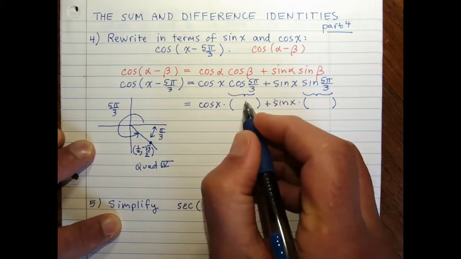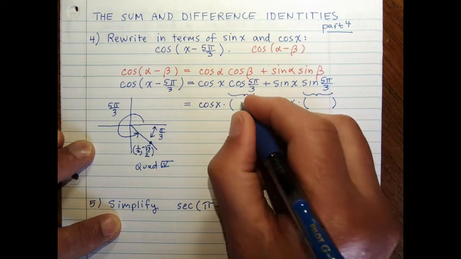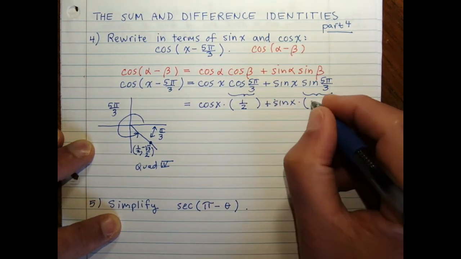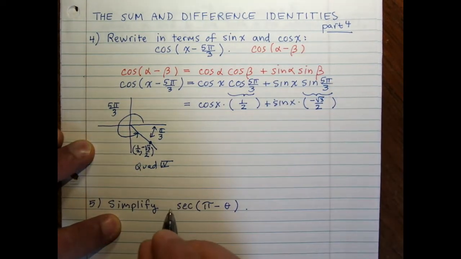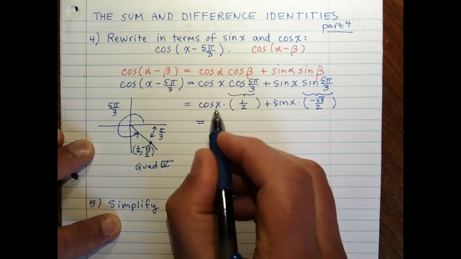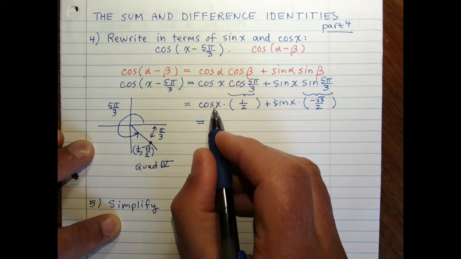And so now when I go back to my problem here, I can replace cosine of 5 pi over 3 with the number a half, sine 5 pi over 3 with the number negative square root of 3 over 2. And so we're going to take this just one step further here. I'm just going to rewrite it slightly with the constants in front of the functions.